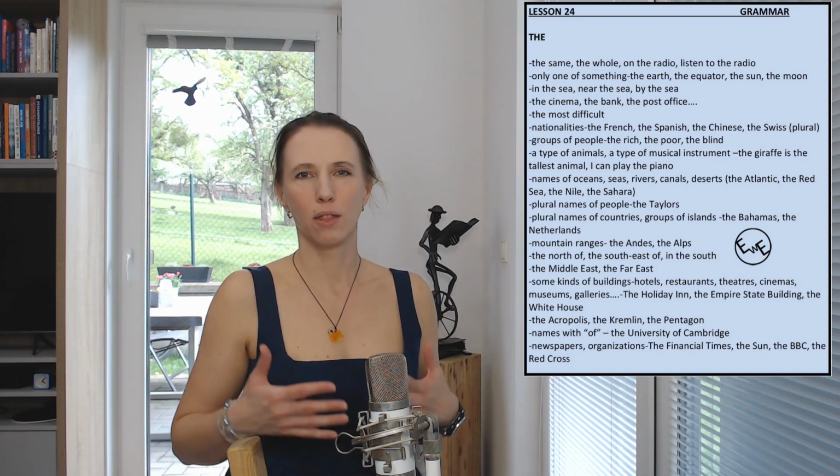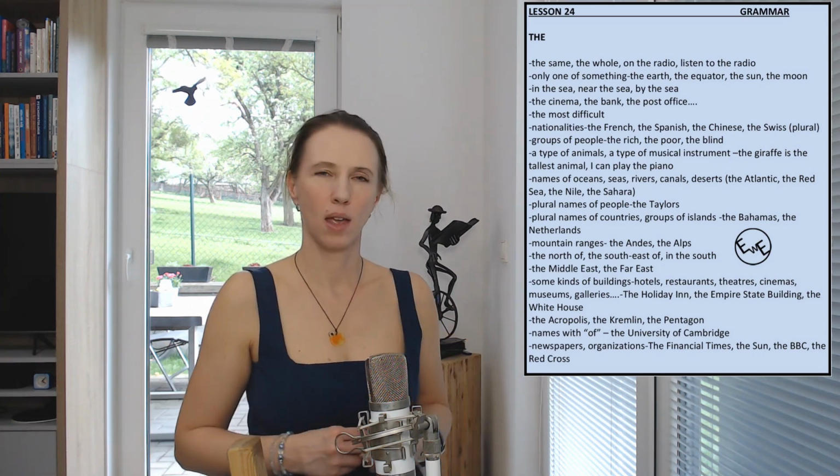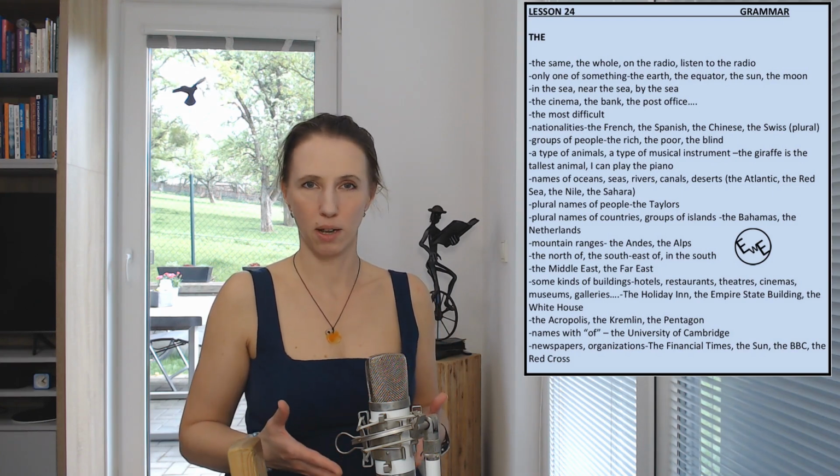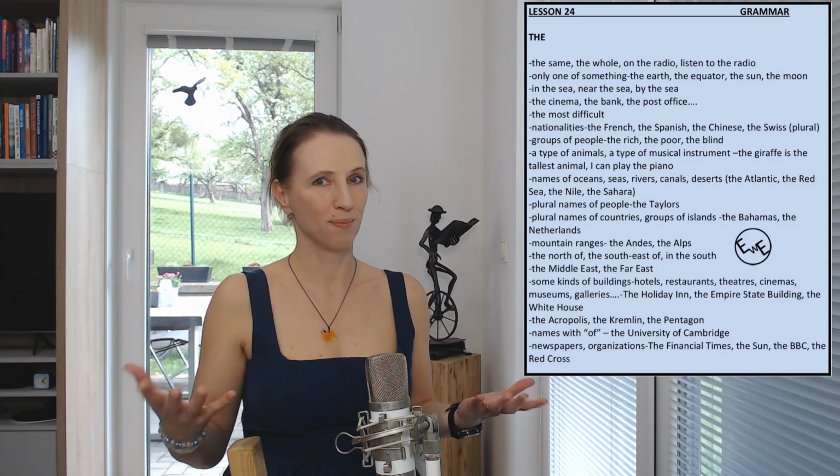With superlatives, the most beautiful, the biggest, the best. When we speak about a type of a musical instrument, I play the piano. She plays the guitar, but I have a guitar at home.